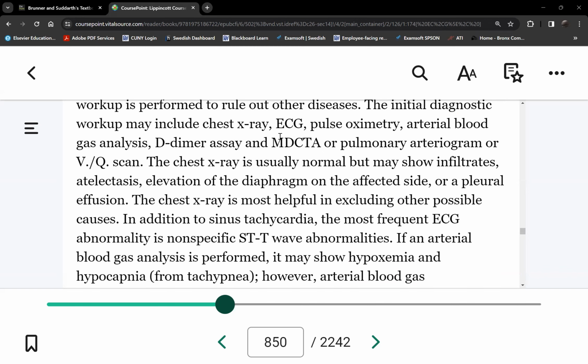If, however, the patient cannot do the CT angio, then the only other option is the VQ scan. This stands for ventilation quotient scan, but another name is used. It's a ventilation perfusion scan. So they want to see, because the nature of the problem is blood went to the lungs, correct?